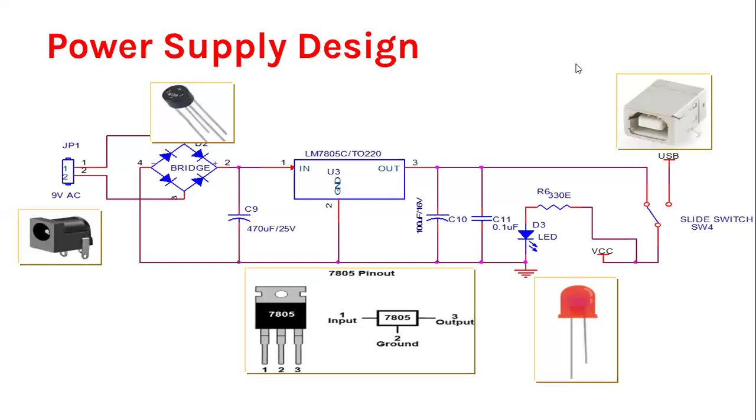After the regulators, to remove any remaining ripples, you need capacitor based filter circuits to remove the unwanted ripples from the regulator output. After that, it is given directly to the microcontroller. This is the required power supply conversion block diagram.